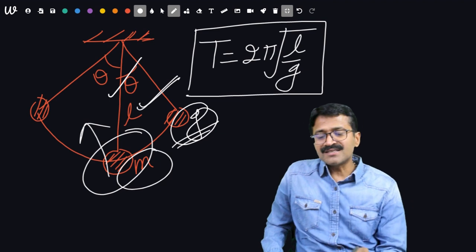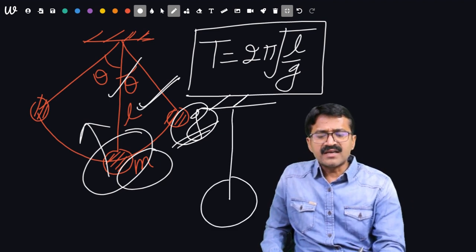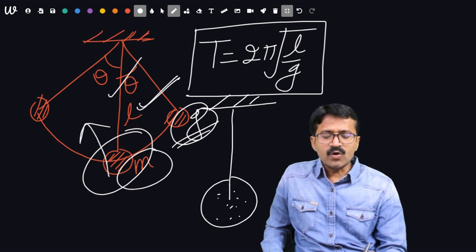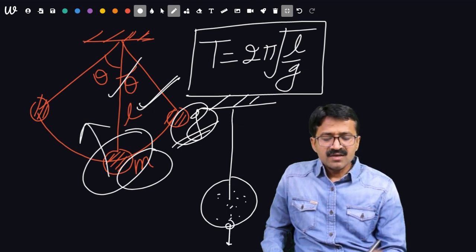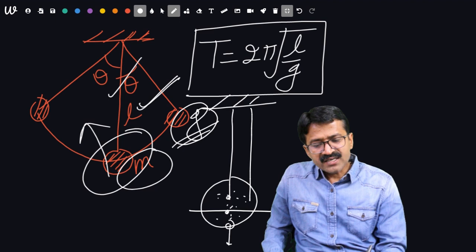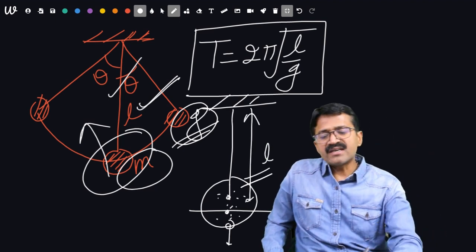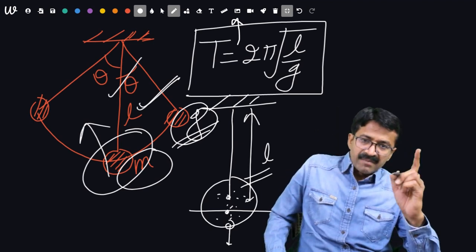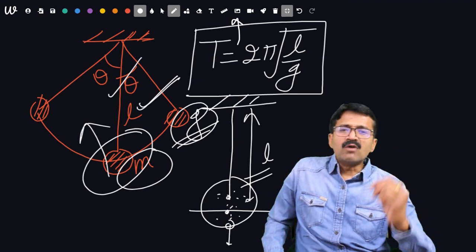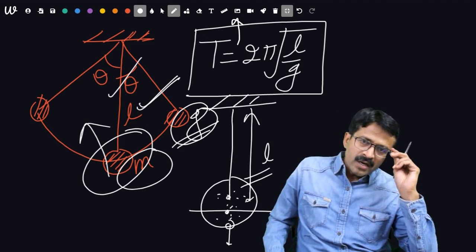Now the question arises, if a pendulum is filled with a certain liquid and the liquid is slightly moving out, then after some time its center of mass will get shifted, then the effective length will increase, and when the effective length increases, the time period will increase. Remember, when it moves out slowly, the time period will go on increasing.